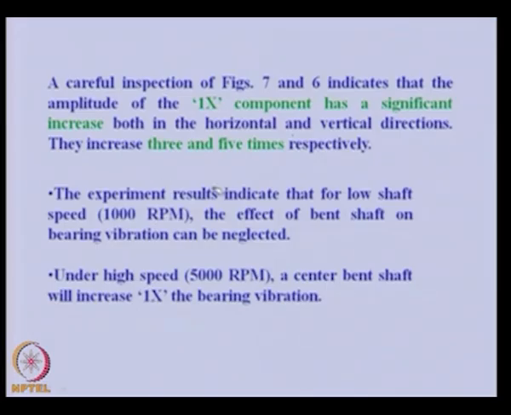The experimental results indicate that at low speed the effect of a bent shaft on bearing vibration can be neglected. At high speed, 5000 rpm, a center bent shaft, where the bend was at the center of the shaft, will increase the 1x of the bearing vibration. So, we are measuring the vibration at the bearing.